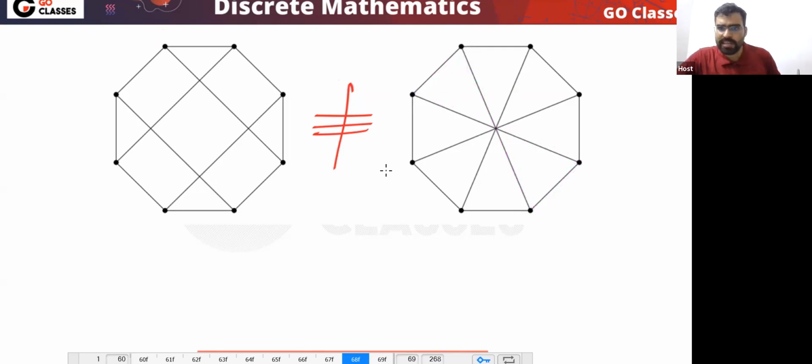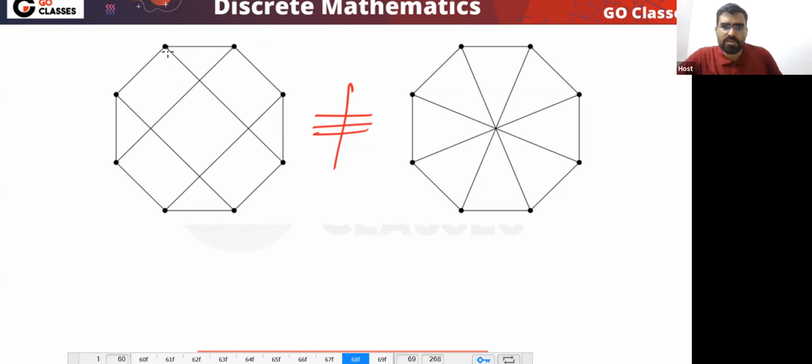What about a five length cycle? Okay, so the four length cycle is not a problem. What about a five length cycle? Here we have a five length cycle. You can create a five length cycle like this. If you take these vertices, then you will get a five length cycle. Here, can we create a five length cycle?